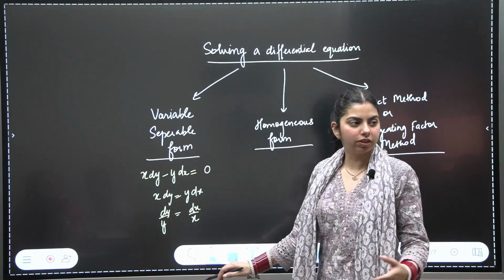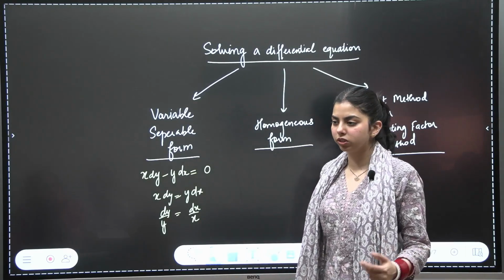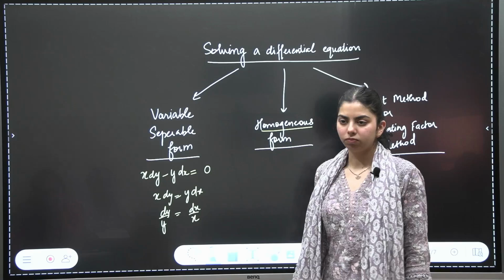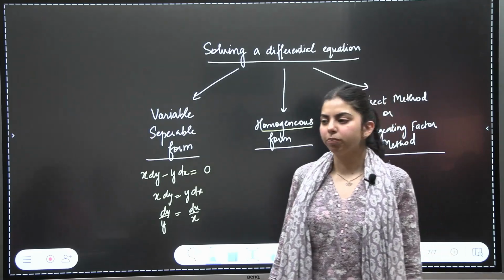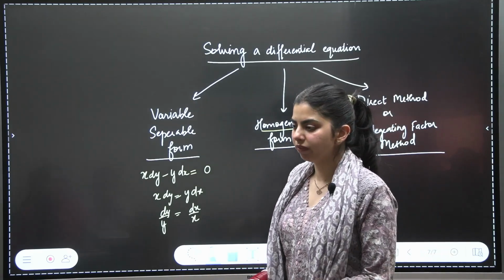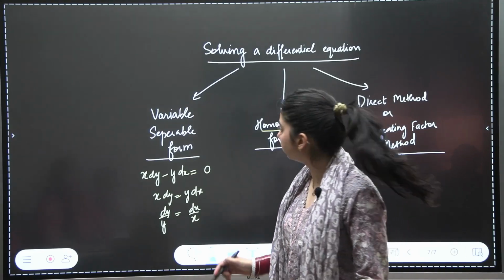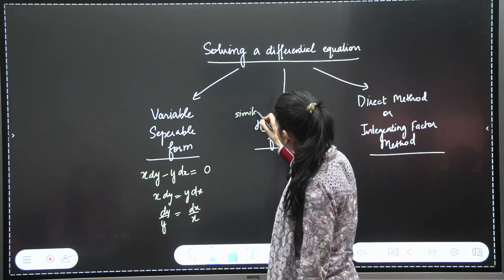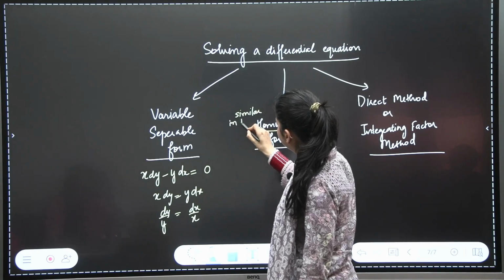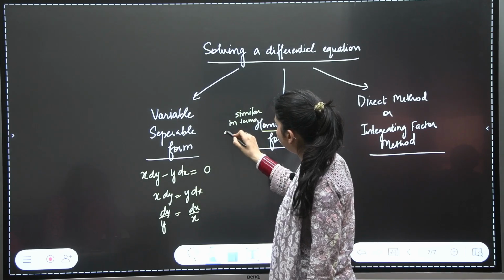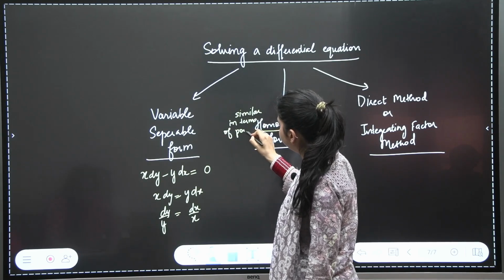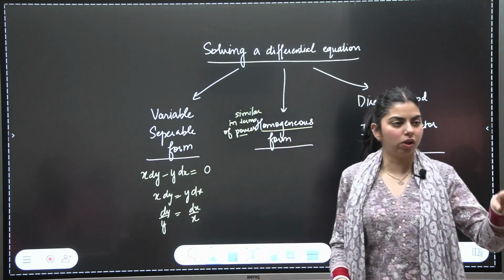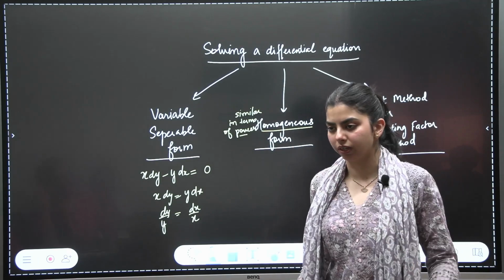What was the homogeneous form? What is the meaning of the word homogeneous? Homogeneous simply means similar, right? So when we talk about similarity, we want similarity in terms of degree, so similar in terms of power or degree of the equation. That simply means that all the terms will have the same degree.